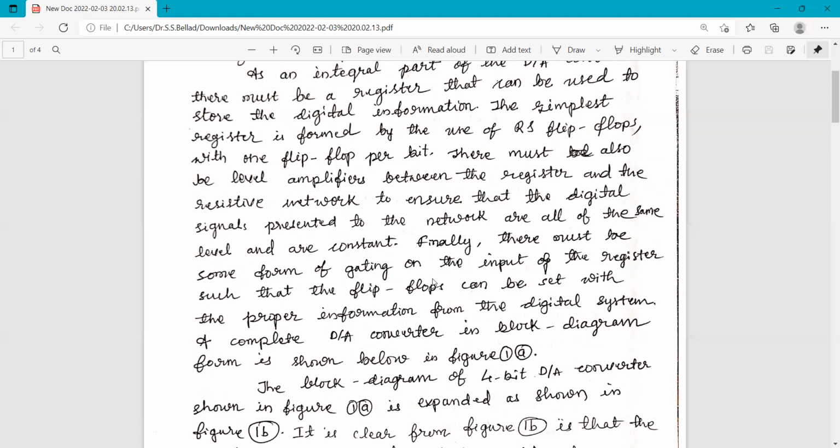Finally, there must be some form of gating on the input of the register such that the flip-flops can be set with the proper information from the digital system.